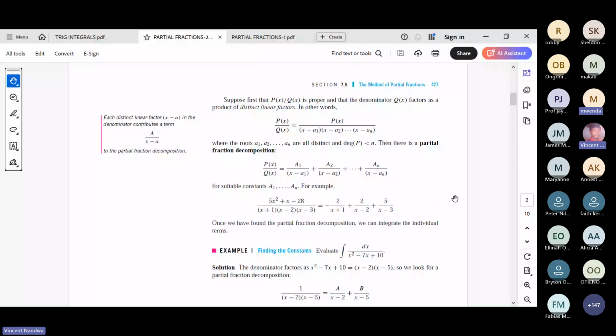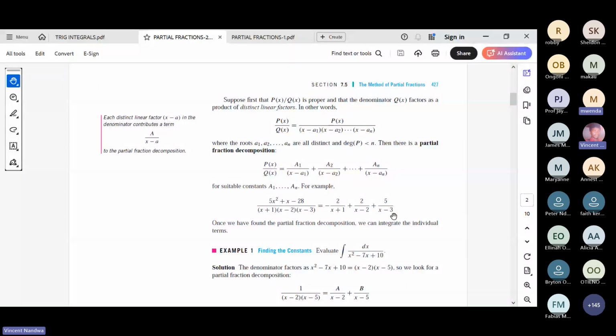So these are the examples here. Now, in this next integral, example 1, what is our p of x? What is the degree of the numerator? Remember, dx over x squared minus 7x plus 10 is the same as 1 over x squared minus 7x plus 10 dx, which means p of x is 1.